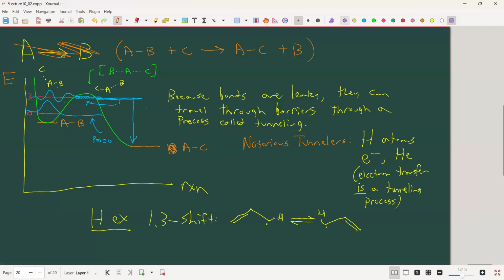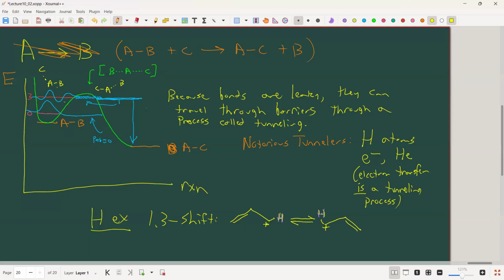Where this hydrogen, I'll mark it in purple, goes from the left side to the right side, and then the allylic group. So like a radical, it could be a plus charge. Maybe it's more common if it's a plus charge. Put a plus charge here instead. Right. You can show very easily with both some NMR and some other work that this occurs through tunneling. It doesn't go over the barrier at all. The hydrogen actually just tunnels between states.